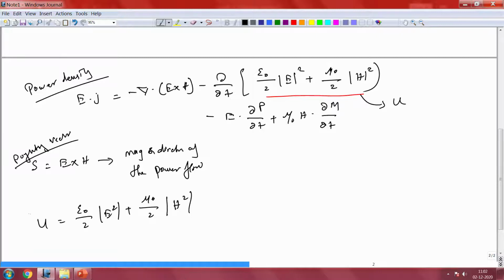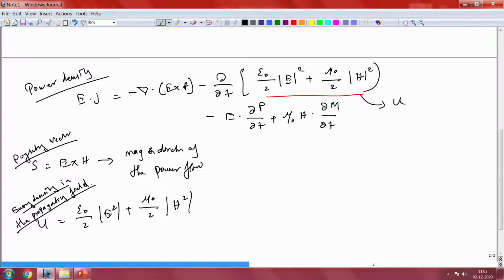So this is the energy density in the propagating field. This is a very important quantity.